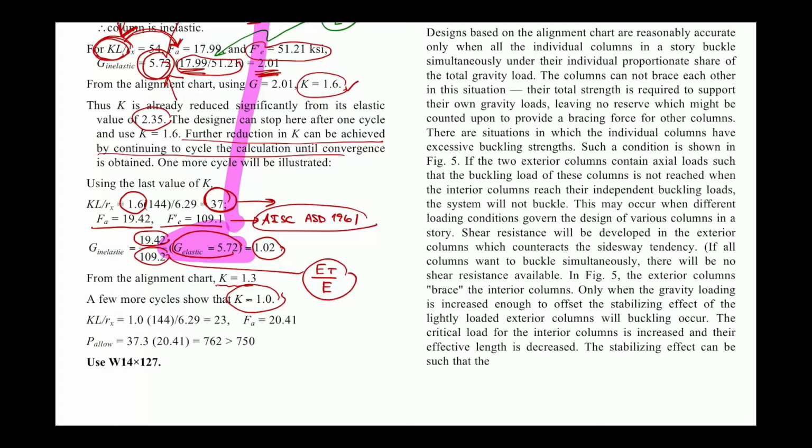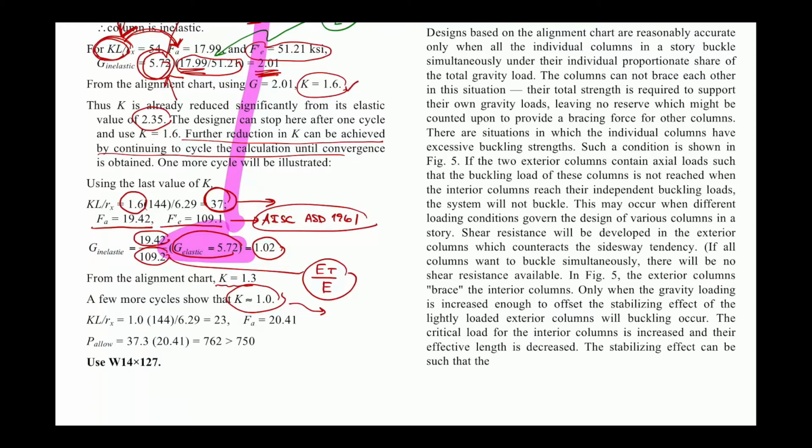This K equal to 1.0 can be the rule of thumb number when you design a multi-story steel building. The column K values will be approximately about this number.